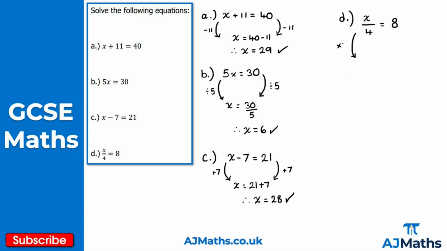So x over 4 times by 4, that would simply give me x on its own. On the right hand side here, we've got 8 times by 4. And in that case then, we get that x equals 32.